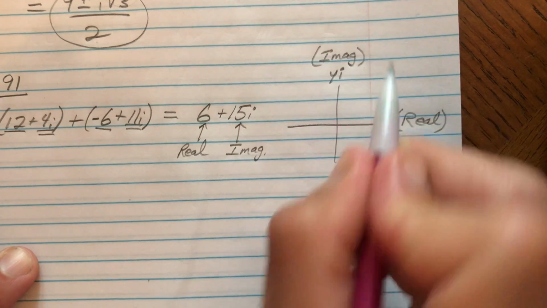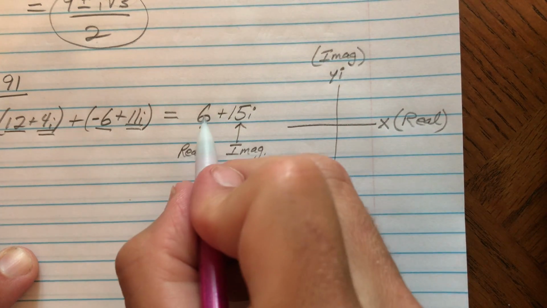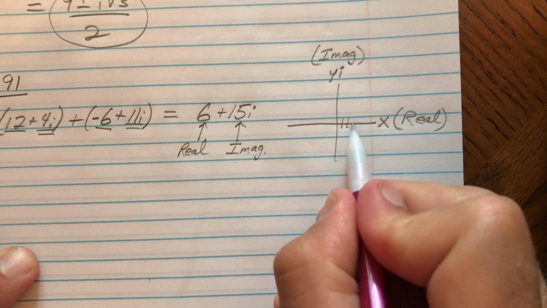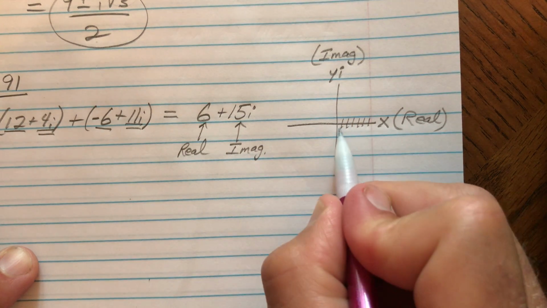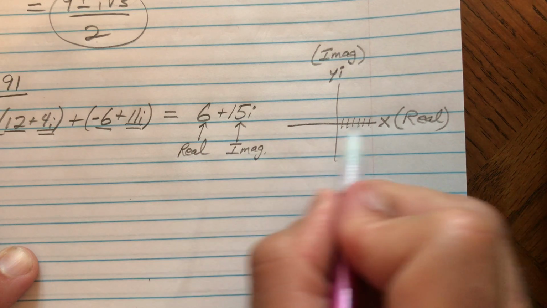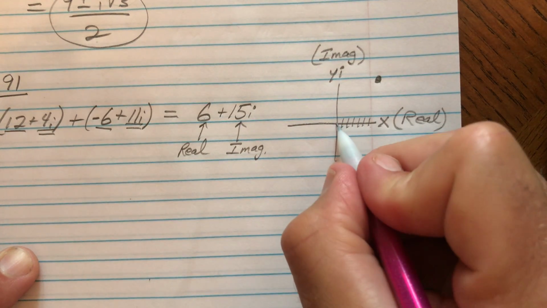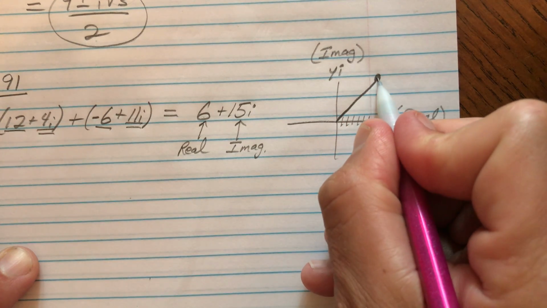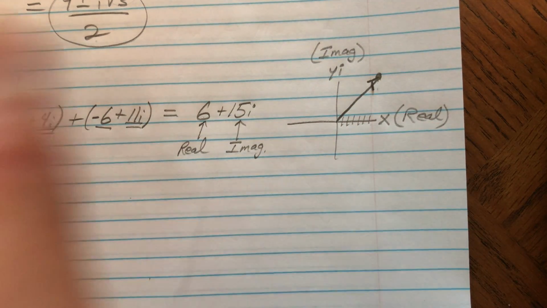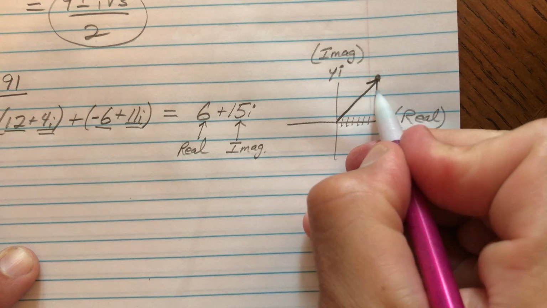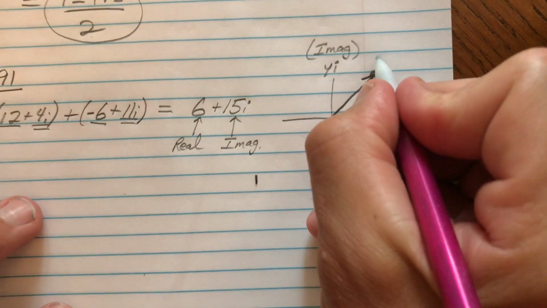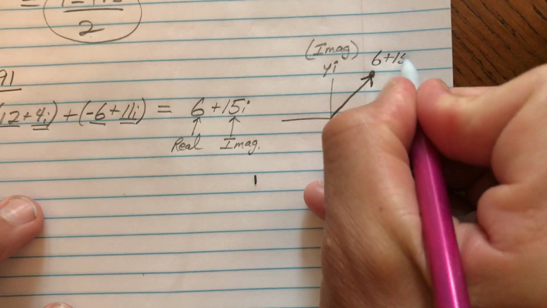It's the imaginary number system. So 6 is a real number, so we go to the right because it's positive, 6 units. And then 15 is imaginary, so we're going to go up 15 and put a dot. We make a vector, it's called, which is just an arrow from the origin to this dot. This is called 6 plus 15i.